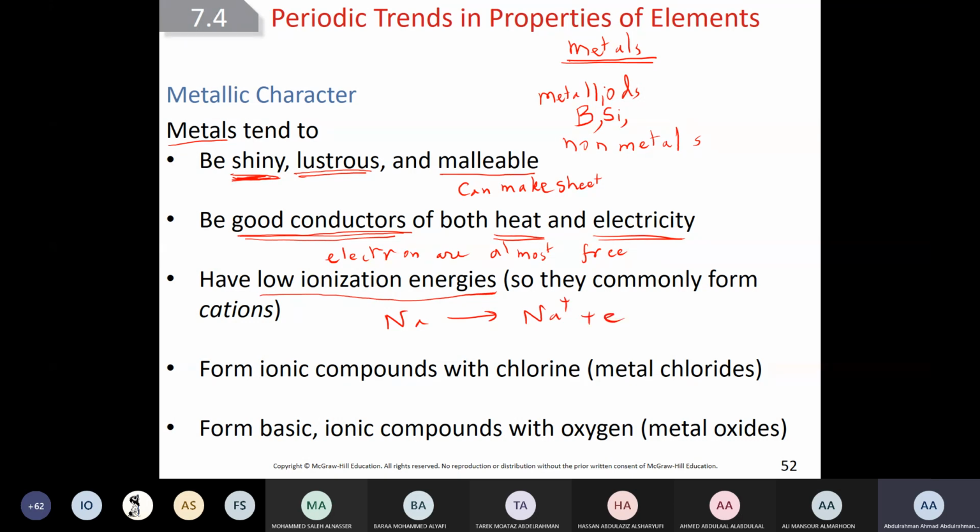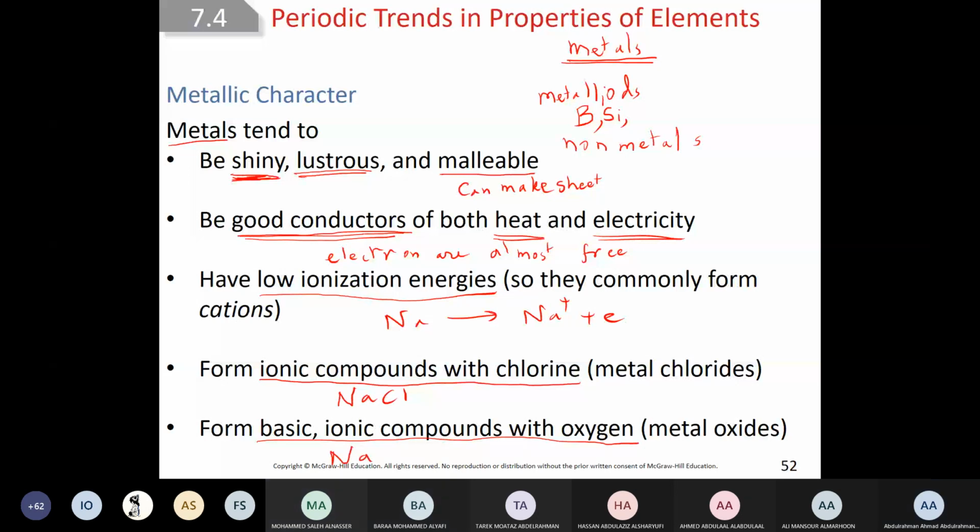Okay, and it forms ionic compounds with chlorine, right? Give me an example of an ionic compound with chlorine. NaCl. And it can make basic ionic compounds with oxygen. Give me an example of compounds with oxygen.